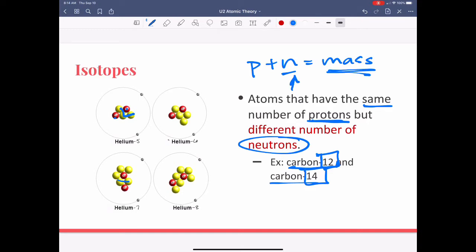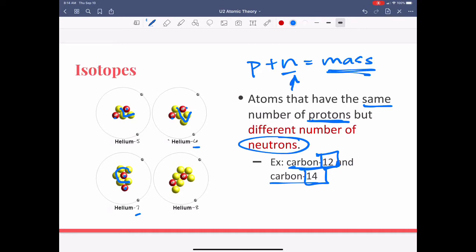Helium-6, still only our 2 protons. Remember, that never changes. But now I have 4 neutrons. 2 plus 4 equals 6. So that's where I get my helium-6 from. And then helium-7, again, I have my 2 protons as usual, my 2 little red dots, and then I have 5 neutrons this time. That gives me a mass of helium-7.